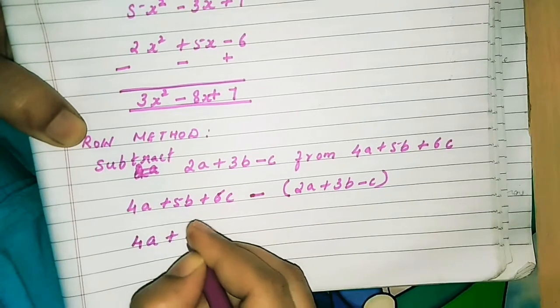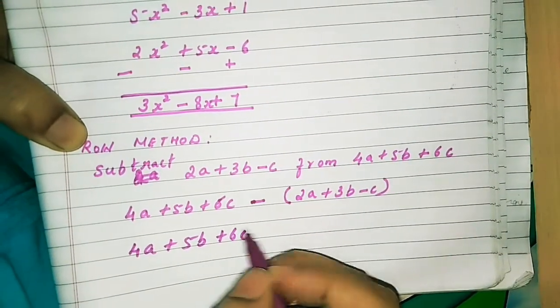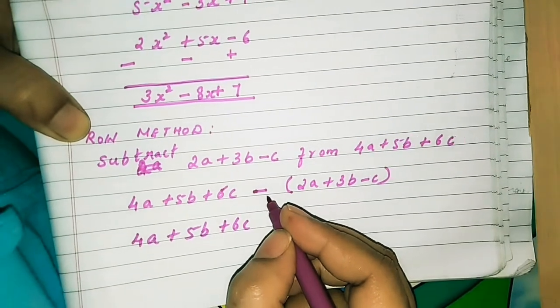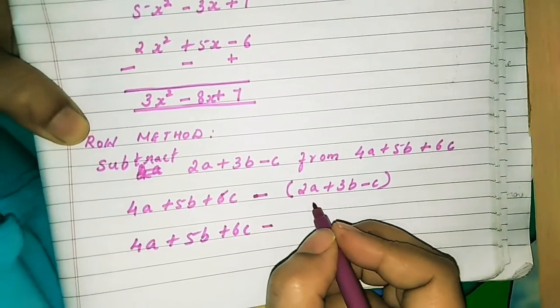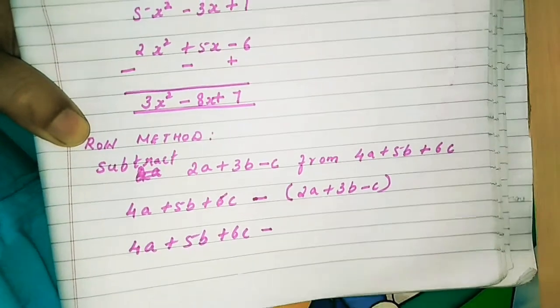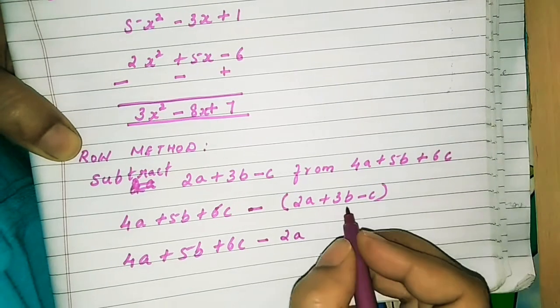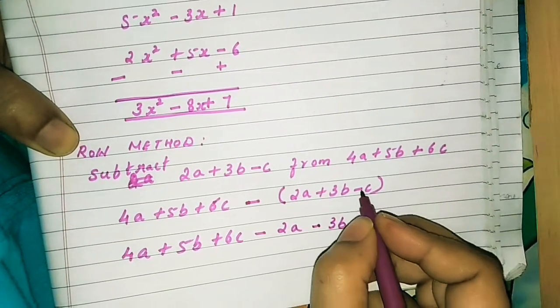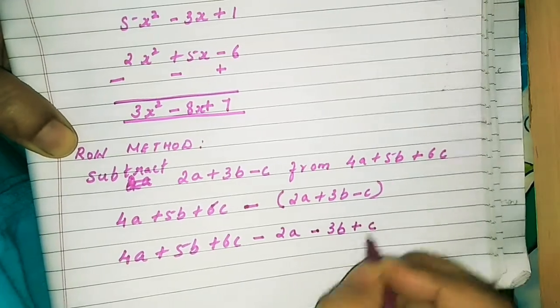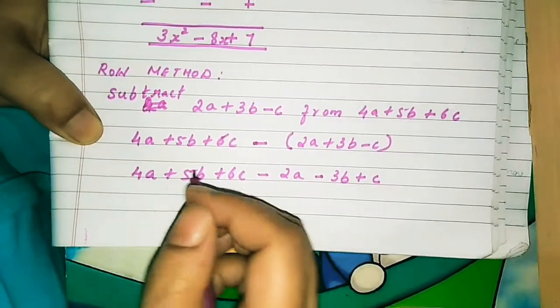4a plus 5b plus 6c. You see that there is no change here. I'm going to write this minus sign as it is. But when I'm opening the bracket, I'm going to change the sign. So plus will become minus 3b and minus will become plus c. I will now group the like terms together.